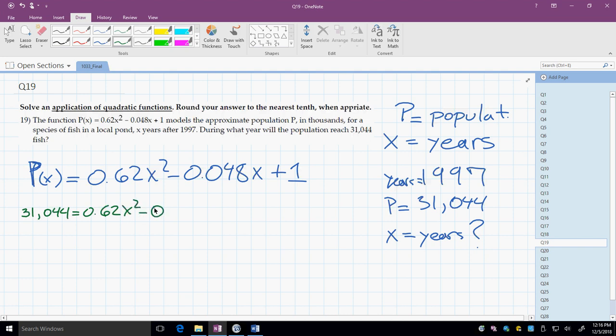Then to find the original x, we go back to the quadratic form and figure out what x is. So we're going to start by subtracting the population, 31,044, from both sides of the equal sign.